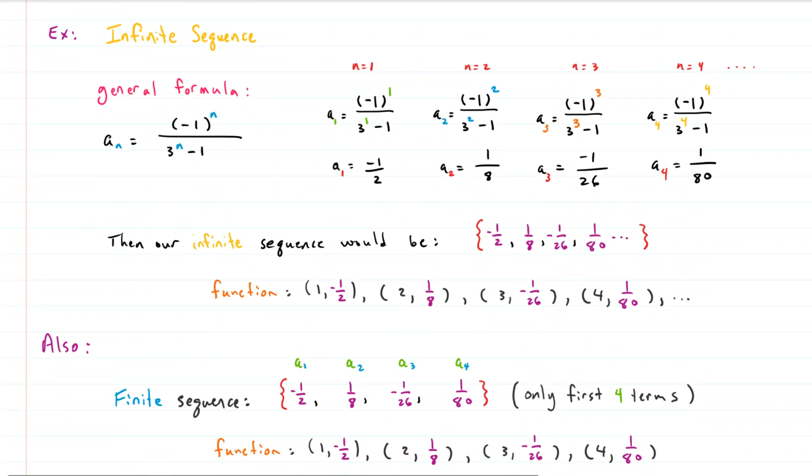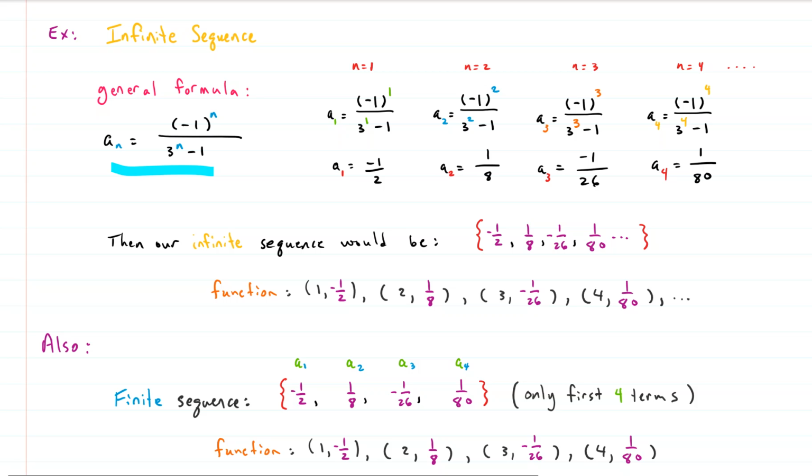Here's another example. This general formula is a little more complicated, but again, it really isn't bad. So our general form, a sub n, is a fraction. In the top, we have -1 raised to the nth power. Something that's interesting here is when n is odd, -1 to an odd power is -1. -1 to an even power is +1.